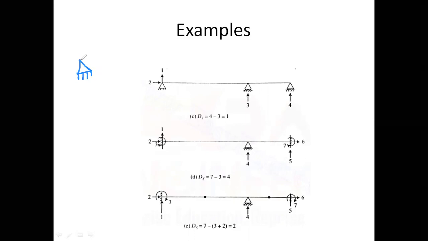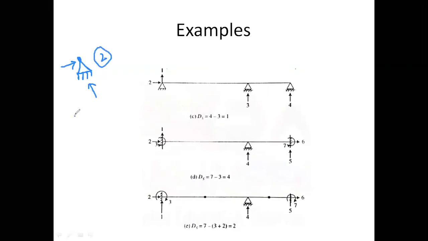If support is hinge, number of internal reaction will be 1 this and 1 this, because this can rotate, but this cannot move in a horizontal direction, and neither can it move in a vertical direction. So number of internal reaction will be 2.